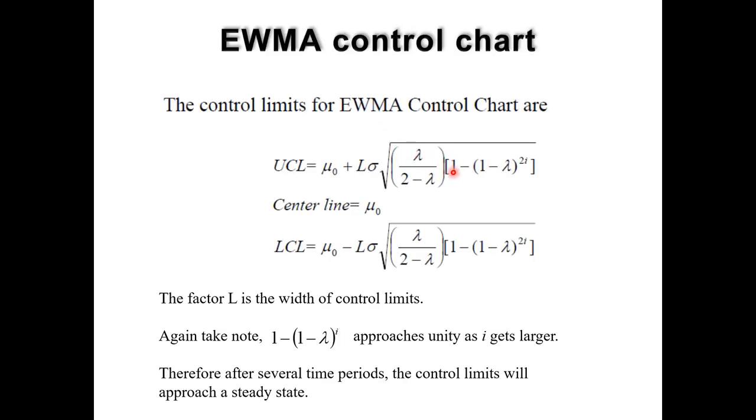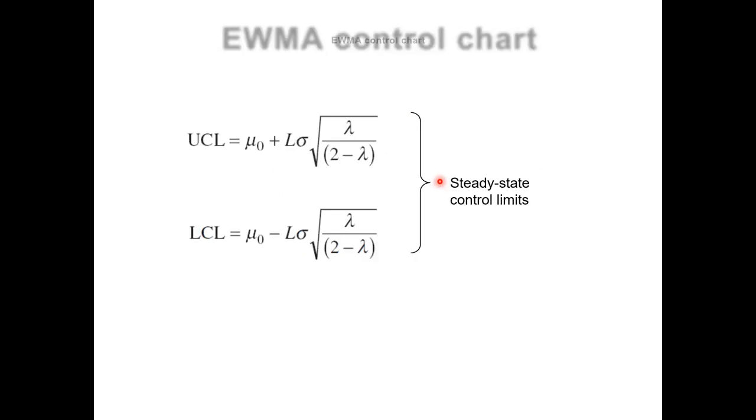When it comes to a steady state, this value will be equal to 1, and therefore the upper and lower control limit for the Ewma control chart at a steady state will be equal to mu naught plus minus L times the standard deviation of the Ewma Z statistic.